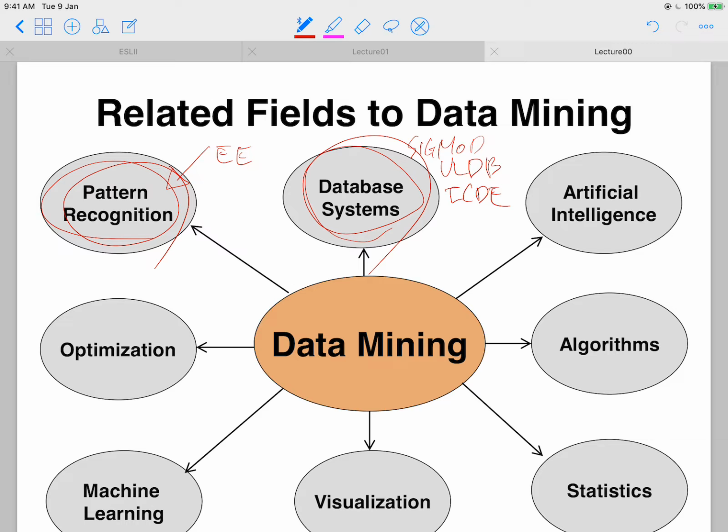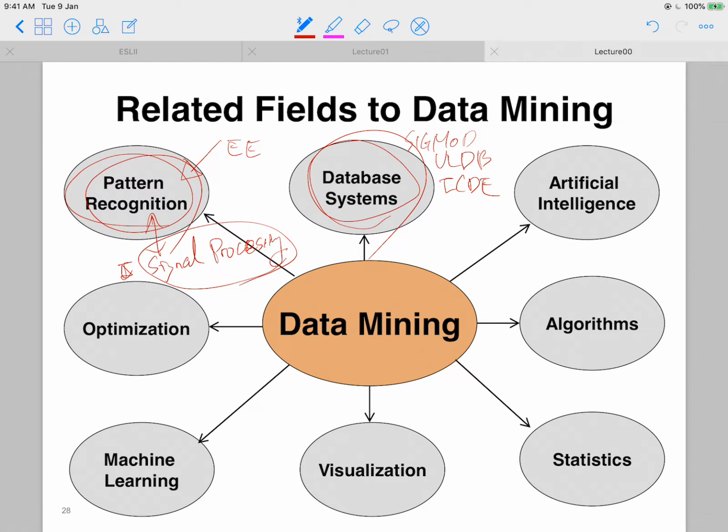So pattern recognition or signal processing belong to those electrical engineering disciplines, but they study different types of problems, though their research topics are highly overlapping with machine learning and data mining as well.